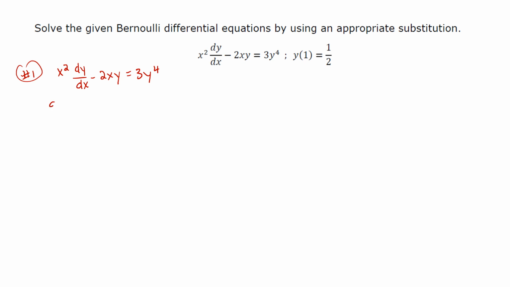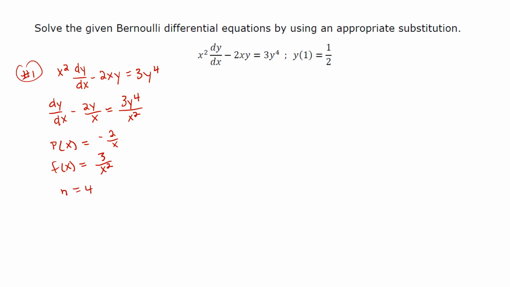So that will give us dy dx minus 2y over x equals 3y to the 4th over x squared. According to the Bernoulli equation, p of x would be negative 2 over x, f of x would be 3 over x squared, and n would be 4.